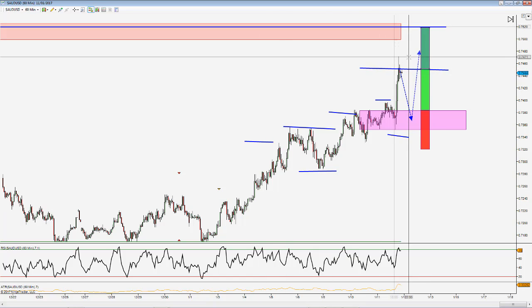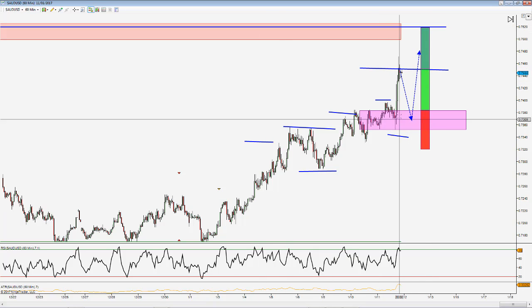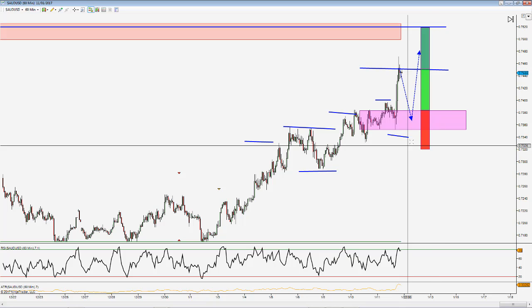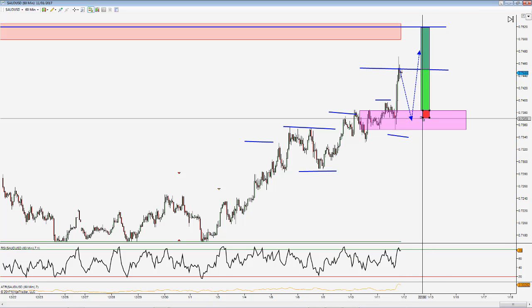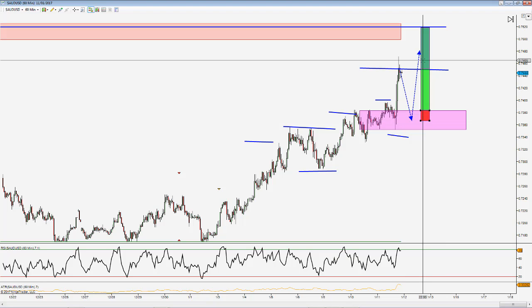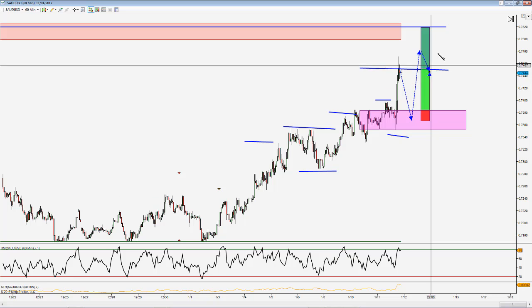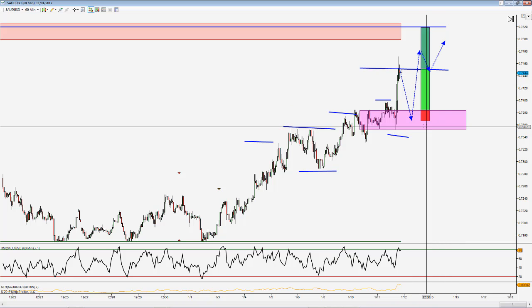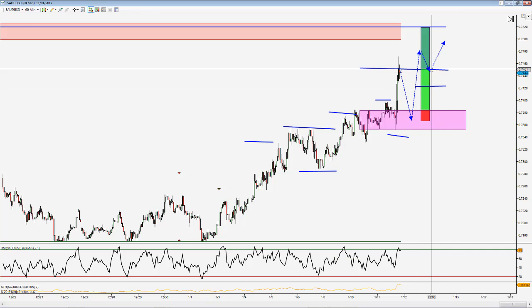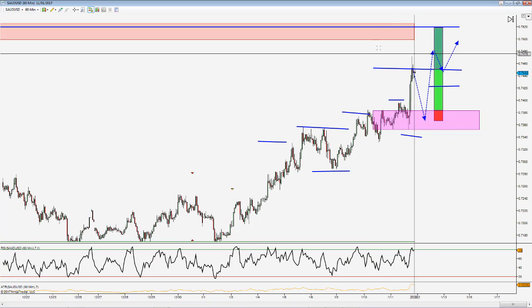The way I'd be managing this is, as soon as we hit my initial target, I'll roll my stops to break even, wherever that might be. And as we continue to push up, each time we put in a new structure high, I'll roll my stops to an ATR below the outside return. Hopefully that makes sense.